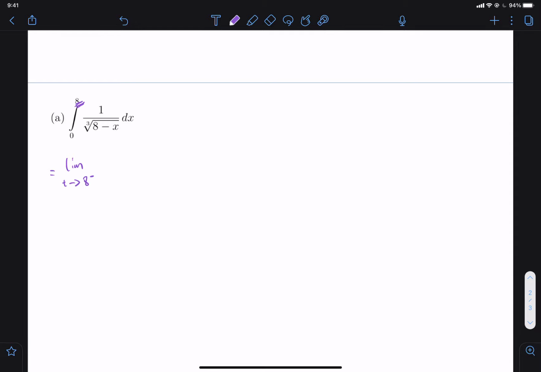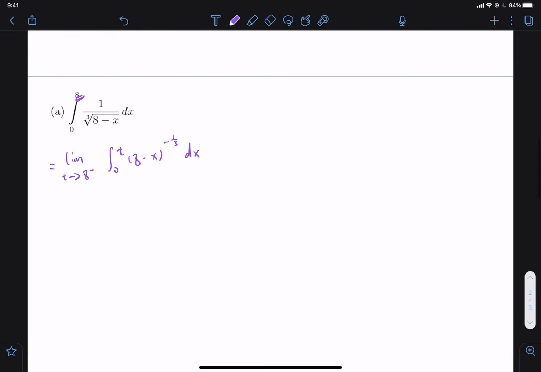Because that's at the left hand side of 8, and this turns into the integral from 0 to t of (8 minus x) to the negative 1/3 dx. Okay. And you can use substitution to work this out very quickly. Let me just write it down here for you.